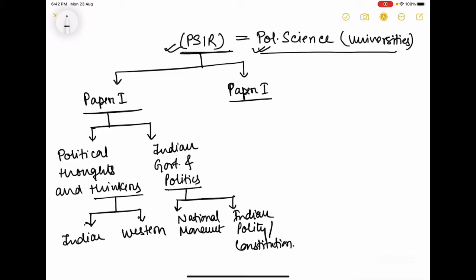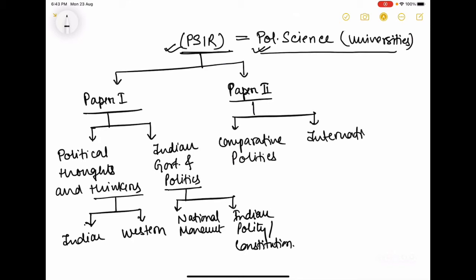In paper 2, you have two divisions. One is comparative studies, or rather comparative politics, and the second part is international relations and Indian foreign policy.